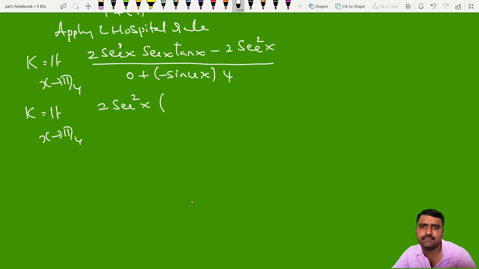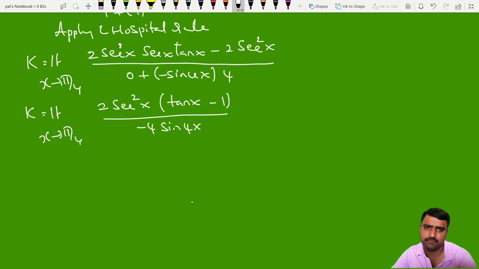If 2 secant square x is a common factor, remaining here is tan x minus 1. This divided by minus 4 sin 4x.